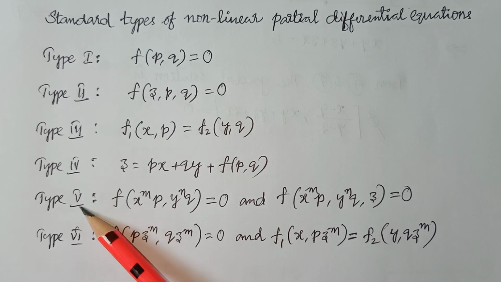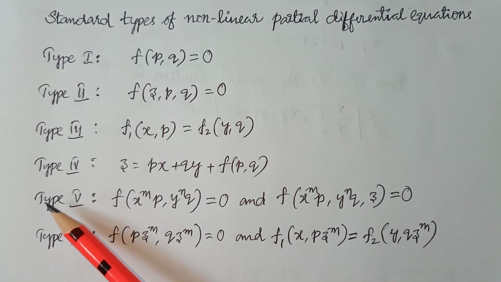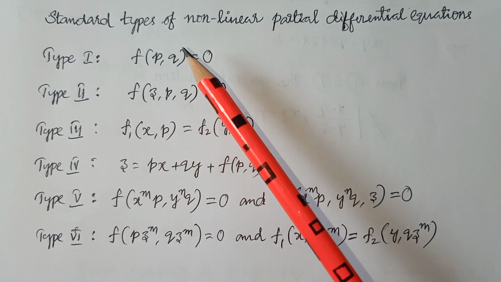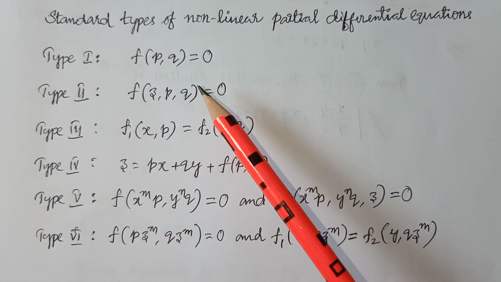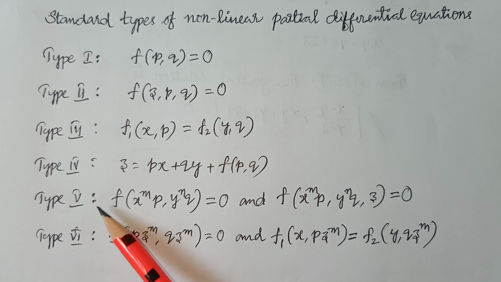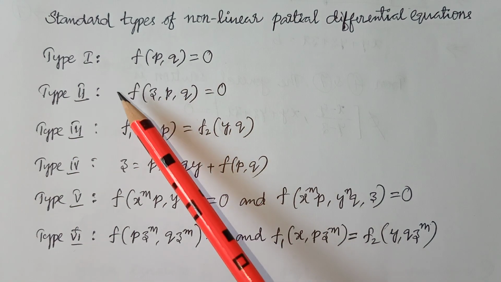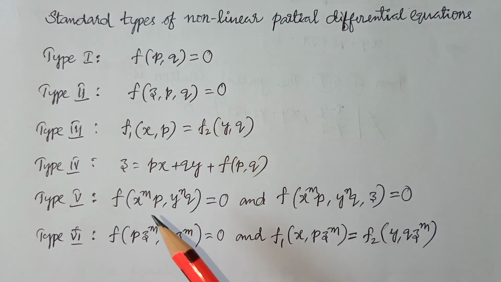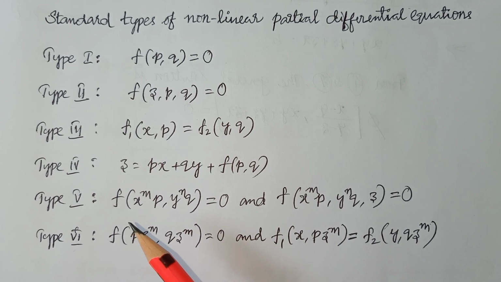That means the 5th and 6th are solved by transforming them into the 1st, 2nd or 3rd types. But the main standard types of non-linear equations are 4.